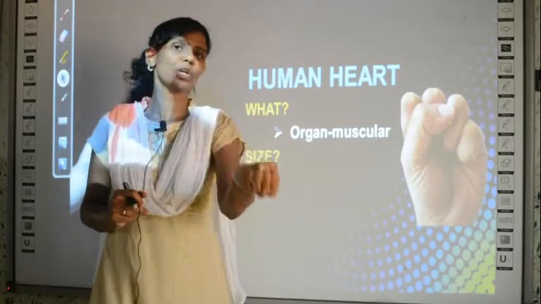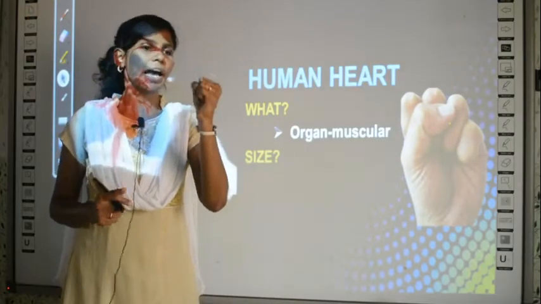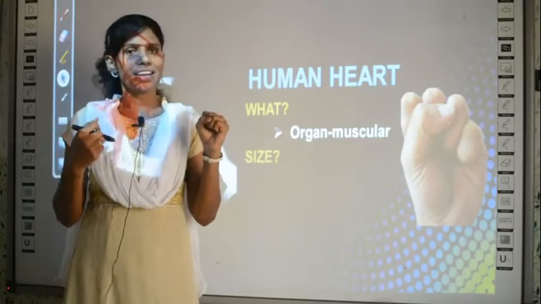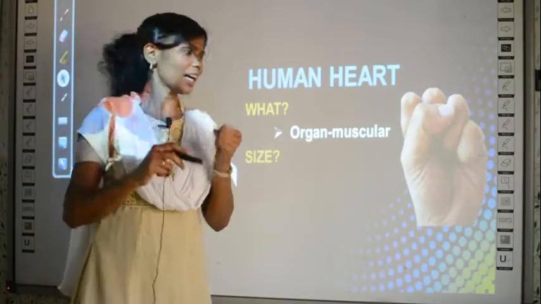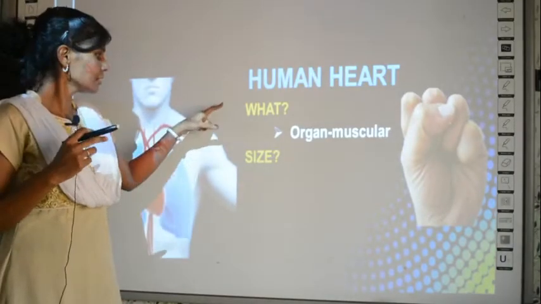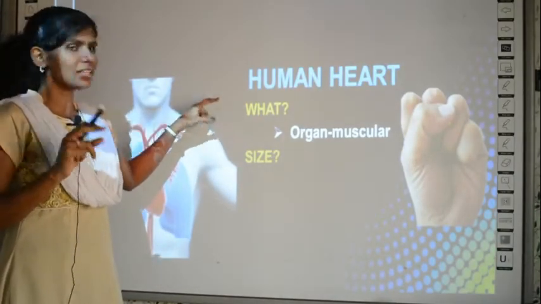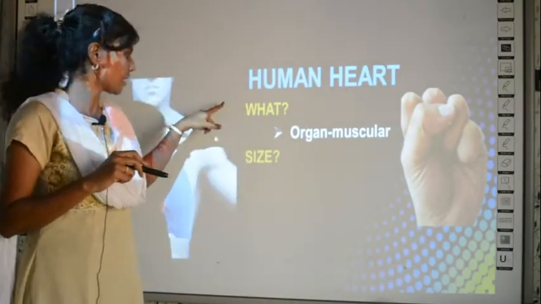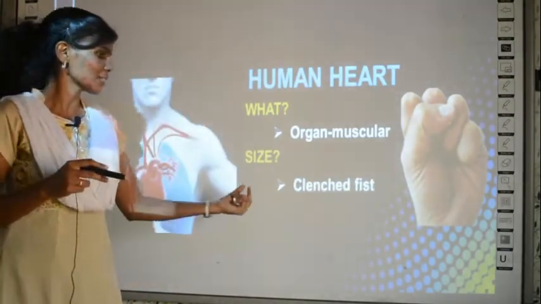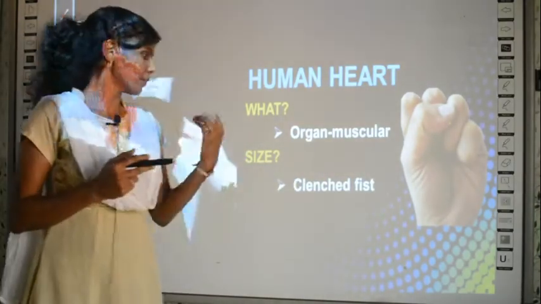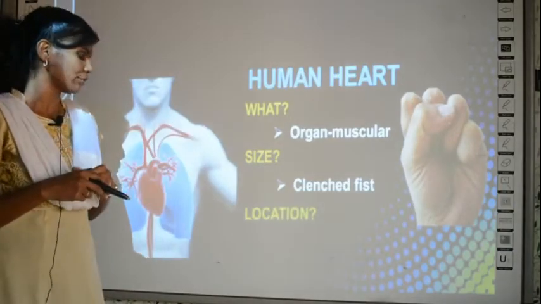Try it now with your own fingers, do it like this, and this is the size of your heart. This is the size of my heart. Similarly, you can try, and that will be the size of your heart. There is no standard measurement for heart size. The fist of somebody will be the size of that person's heart. That is the concept here. It is called a clenched fist, if you place it like this. That is the size of your heart.